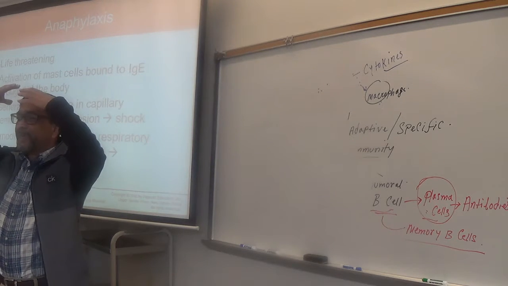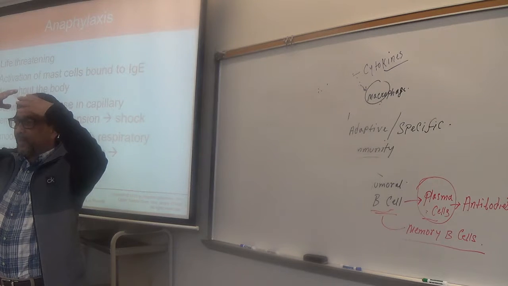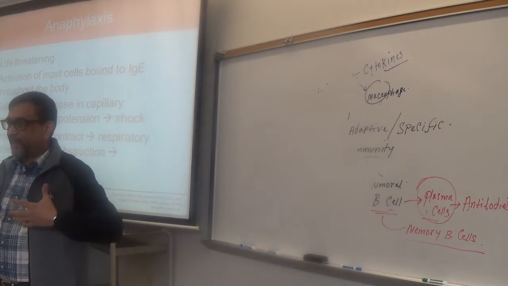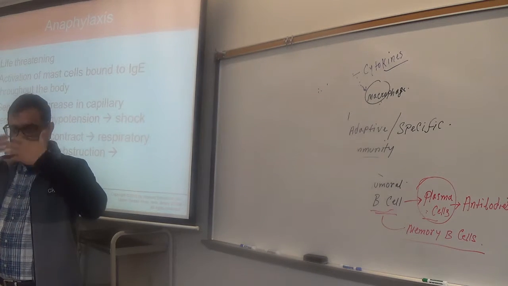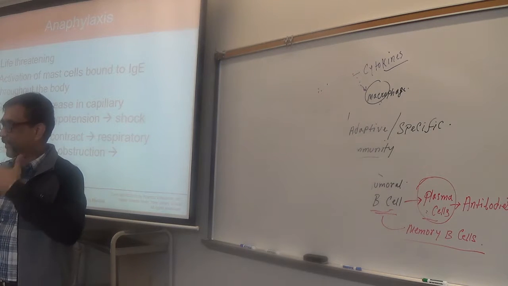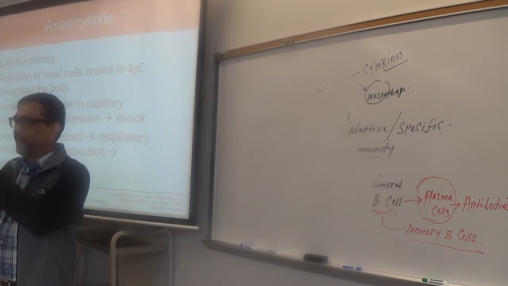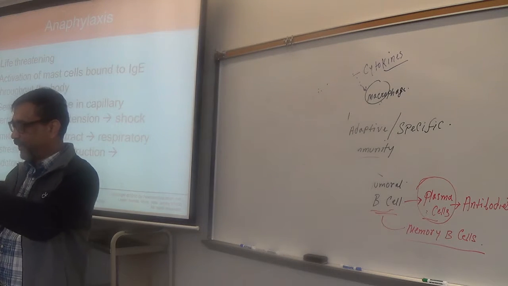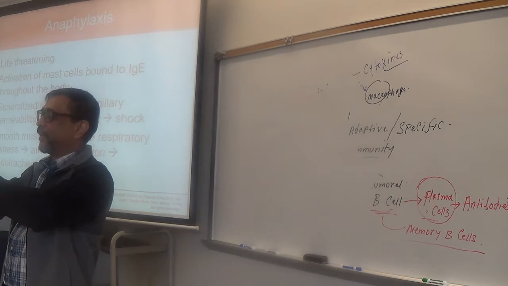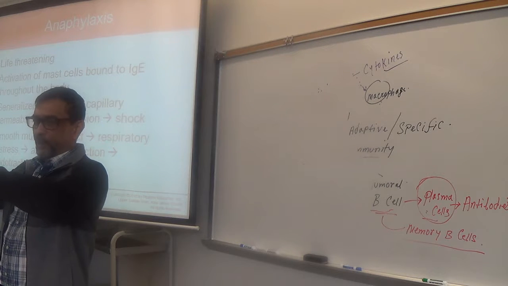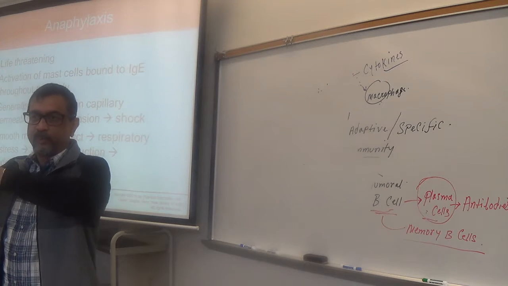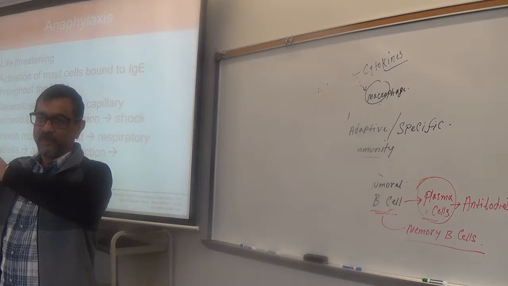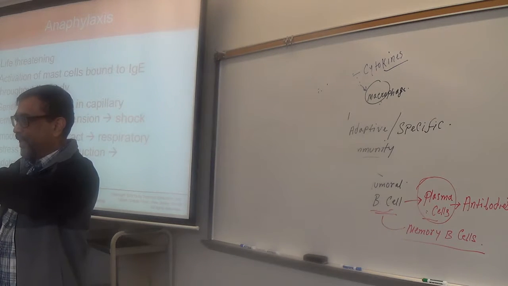So what happens, you see, when the immunoglobulin E are produced, they go everywhere in your body and stimulate all the mast cells and basophils. So they will release a lot of histamine, bradykinin, serotonin, and that will do what? Cause vasodilation. Okay, so blood vessels throughout the body will dilate.